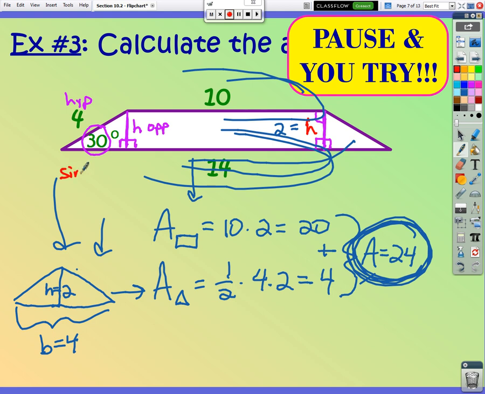So if I had sine of 30 degrees equals opposite h over hypotenuse 4, I can multiply the 4 over to the other side. And if I type this into my calculator, 4 times sine of 30, it comes out to be exactly 2. And so it's the same height that we got with the 30, 60, 90 pattern.